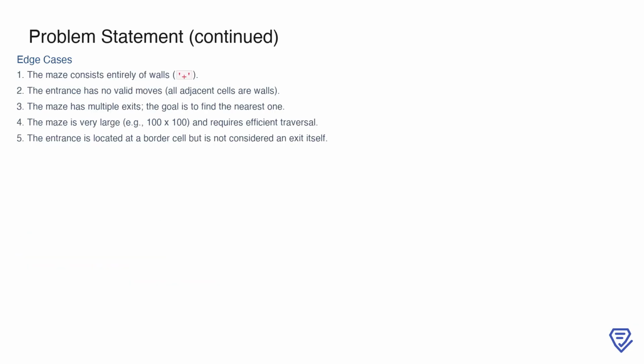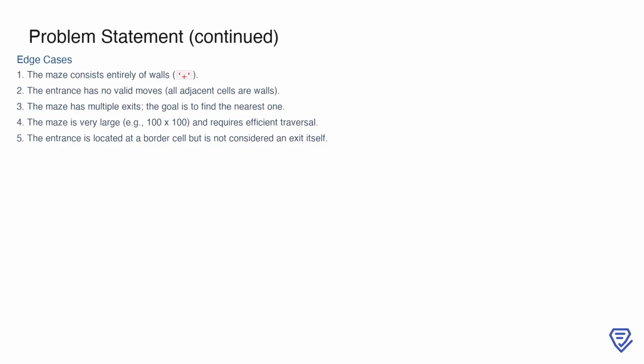When solving this problem, there are a few edge cases to consider. First, the maze might consist entirely of walls, meaning no movement is possible. Second, the entrance itself might be surrounded by walls, preventing any valid moves. Third, if there are multiple exits, the goal is to find the nearest one, so efficiency in traversal is critical.